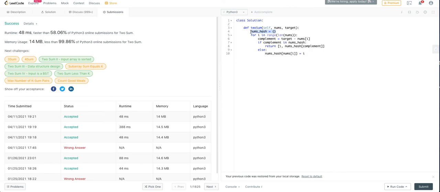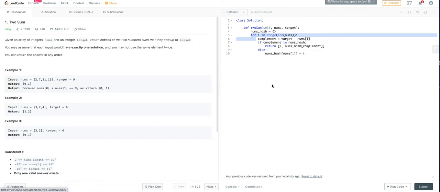So again, we're using a dictionary. And what it's doing is saying, okay, I'm going to go through, and we could look at the description again on the side, and I'm going to call it a complement. So I do my target minus the specific sort of element I have within my input array, and does it exist in my dictionary, which is sort of what we were doing earlier.